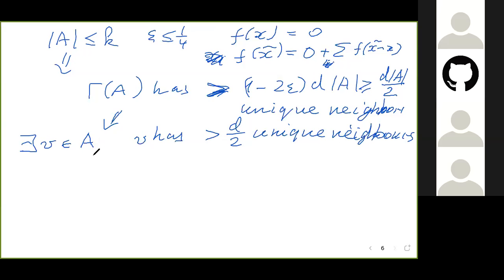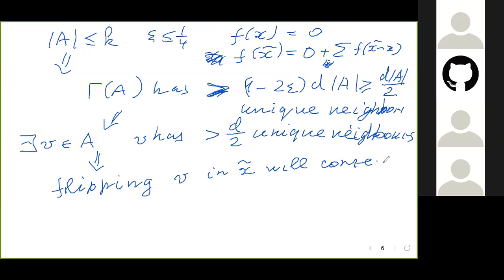And so flipping the variable v in tilde x will correct more than d over 2 unique checksum equations.